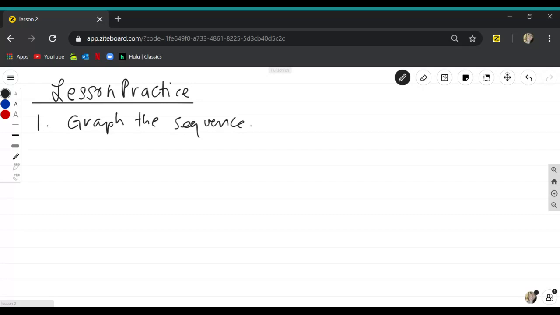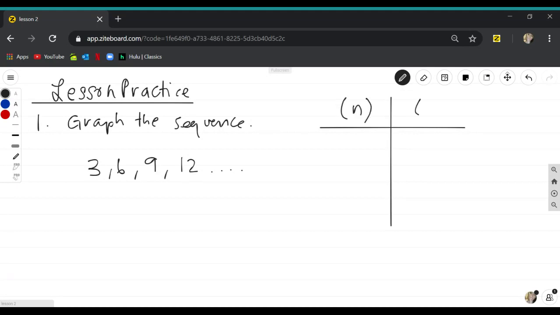So our first one is 3, 6, 9, 12, dot, dot, dot. If you want, you can do the same thing. This would be n, the number of terms, and this would be the value of term, which is a. So our first term is 3, our second term is 6, our third term is 9, and our fourth term is 12.